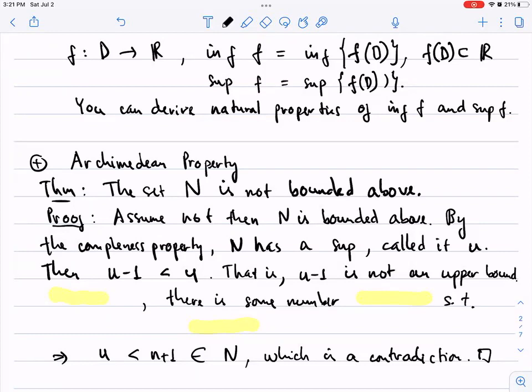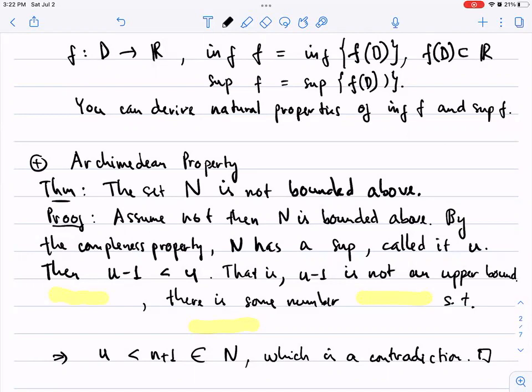So here we assume that N is bounded above. Then by the definition of bounded above, N has an upper bound. Then by the completeness property, N has a supremum.